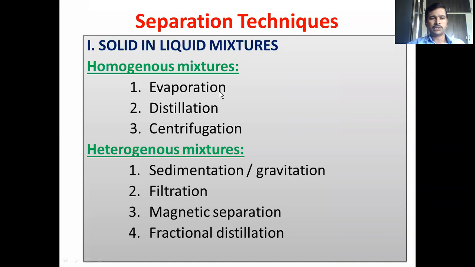So if a single analyte or individual chemical species is found to dissolve in a suitable solvent, then you will remove all those undissolved components by filtration process, and the supernatant you will get, and you will heat that. You will evaporate the solvent, and the residue obtained in the beaker, residue obtained in the evaporation vessel, is the analyte. So that individual component has been separated by the evaporation process.